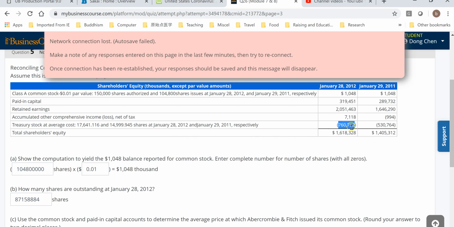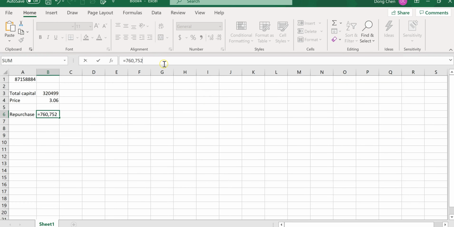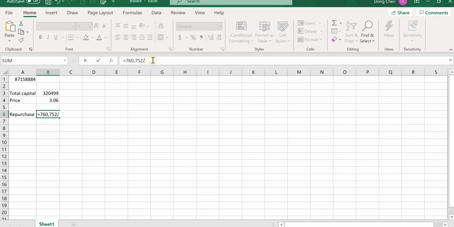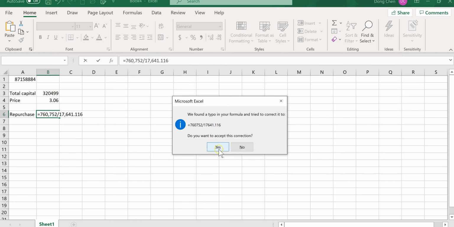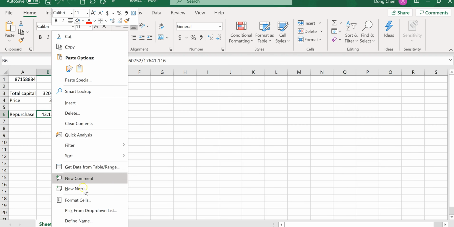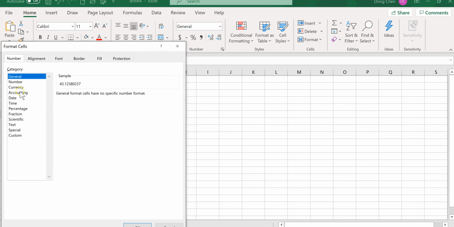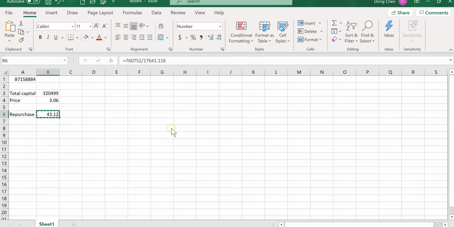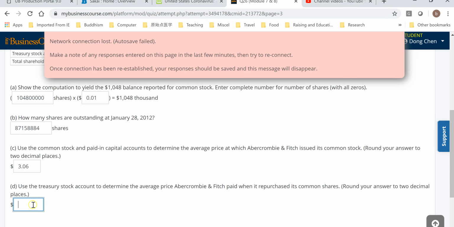Just copy that amount and then divide that by the number of shares repurchased. Then just accept this change because Excel just wants to get rid of this comma here. So I think that's fine. And then just keep the number of decimal places according to the rounding requirement, and then copy the number back. And then we're done.